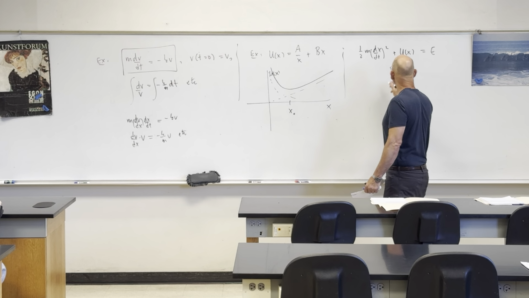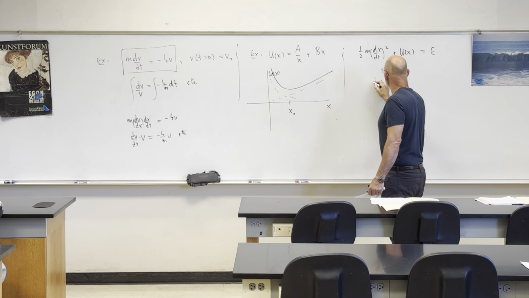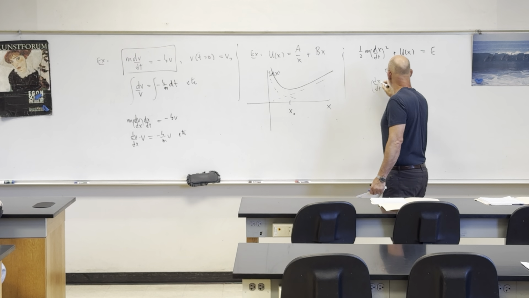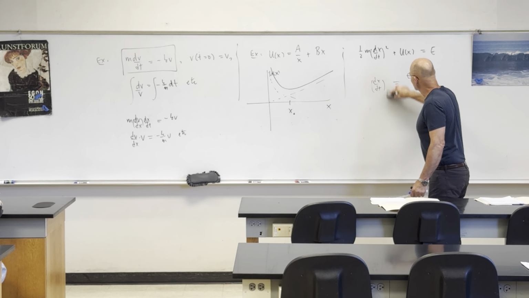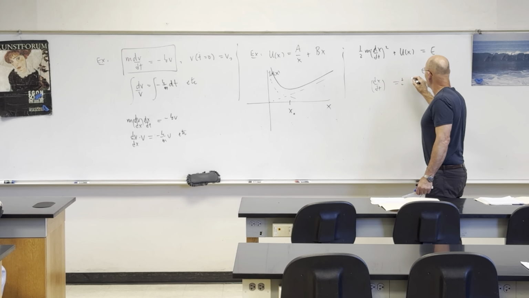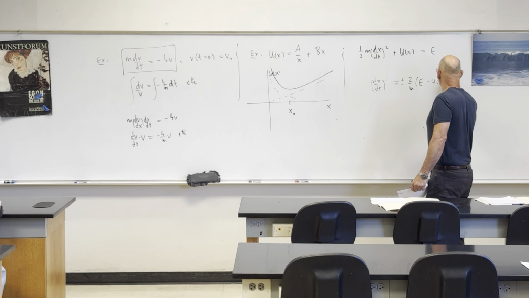Let's do a couple of steps here. So you have dx/dt. In fact, let's leave the squared off. You have the plus minus square root of 2 over m times E minus U of x.